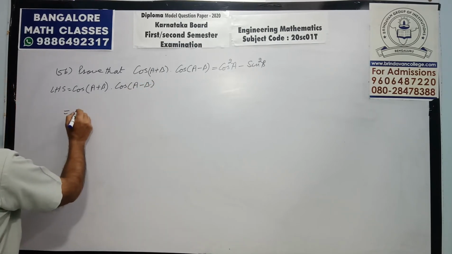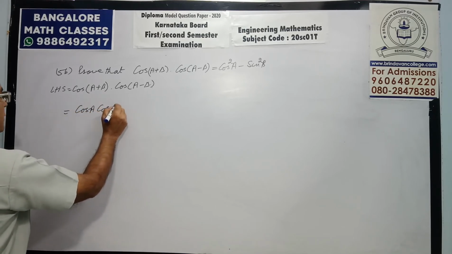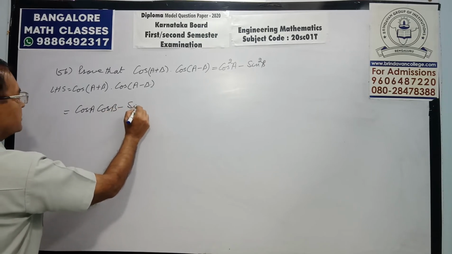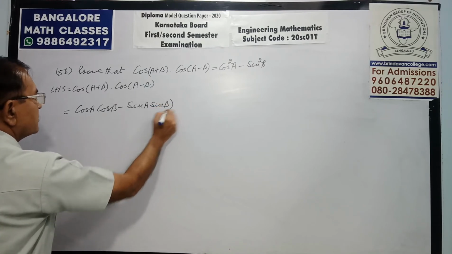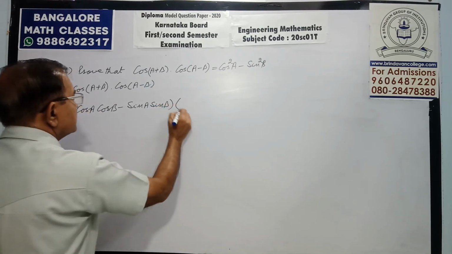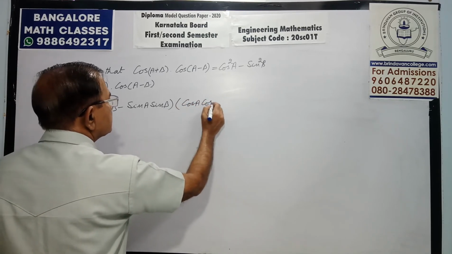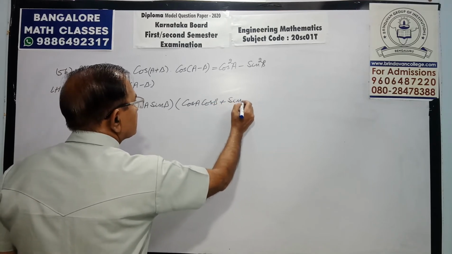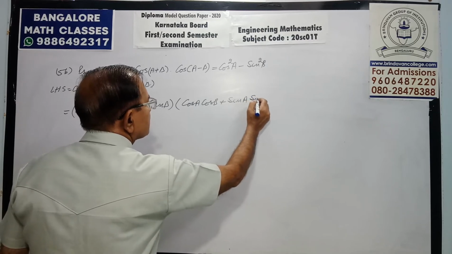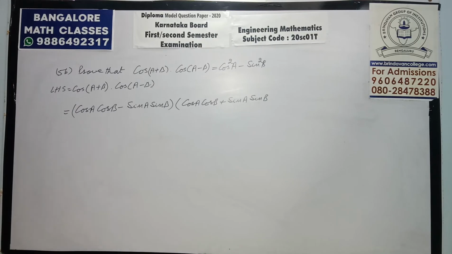Use the identity cos(A plus B) equals cos A cos B minus sin A sin B, and cos(A minus B) equals cos A cos B plus sin A sin B. So we get (cos A cos B minus sin A sin B)(cos A cos B plus sin A sin B).